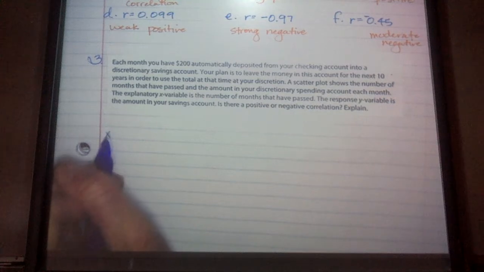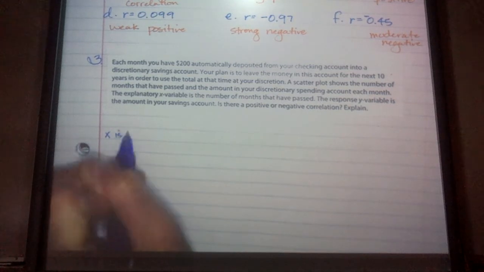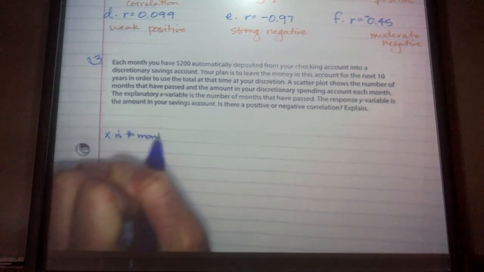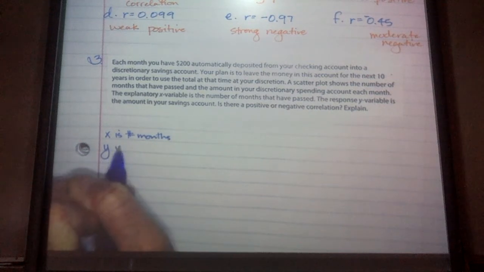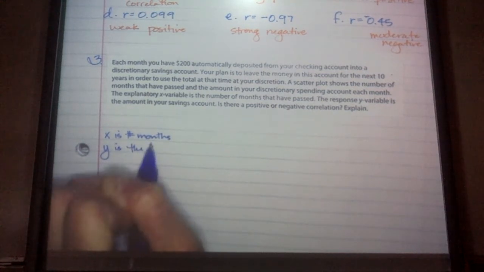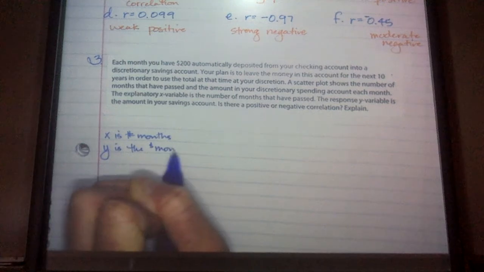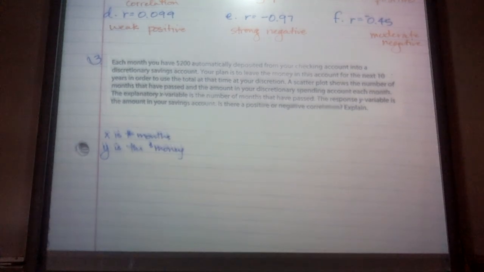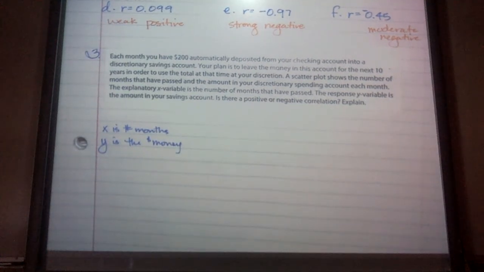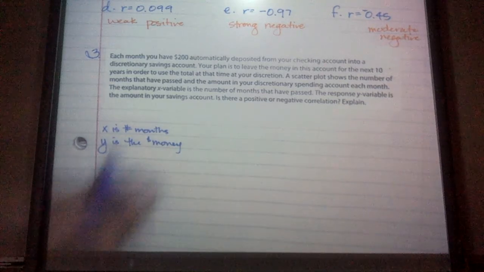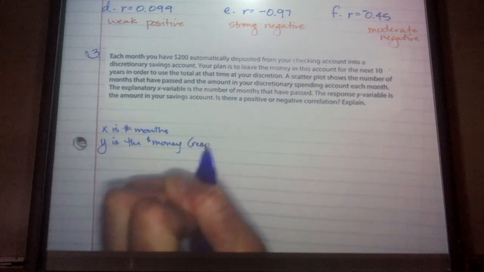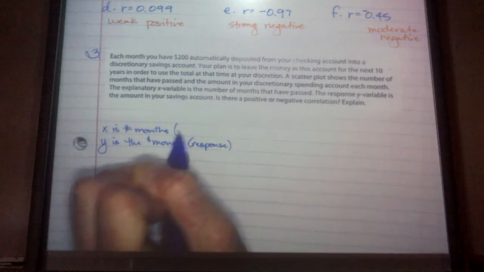So X is number of months. Y is the amount of money. So I know that Y is the response variable and X is the explanatory variable.